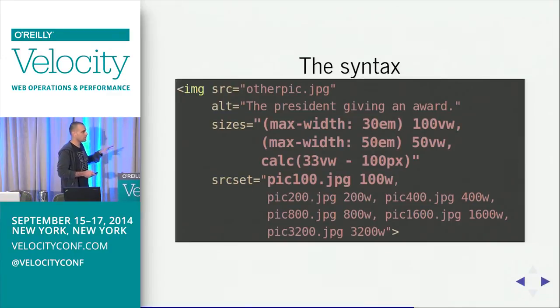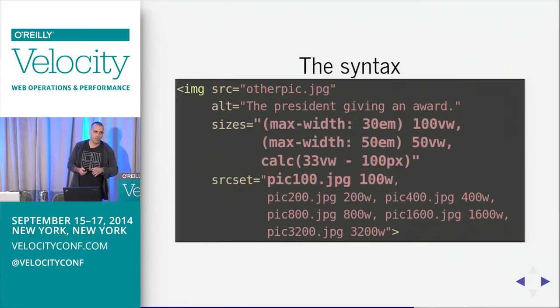That's a comma delimited list of URL and descriptor pairs. The w descriptor simply says what the resource width is in pixels. So pic100 here is 100 pixels wide. Pic800 is an 800 pixel wide image. Okay. Then there's the sizes attribute.